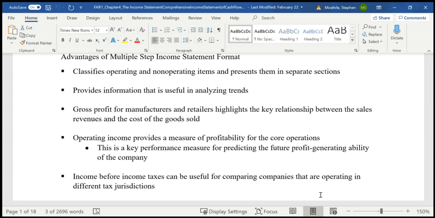This is a key performance measure for predicting the future profit-generating ability of the company overall. Income before income taxes can be useful for comparing companies that are operating in different tax jurisdictions, where one company might be quite successful, but it just looks less so because it pays more taxes because it's in a heavy tax jurisdiction.